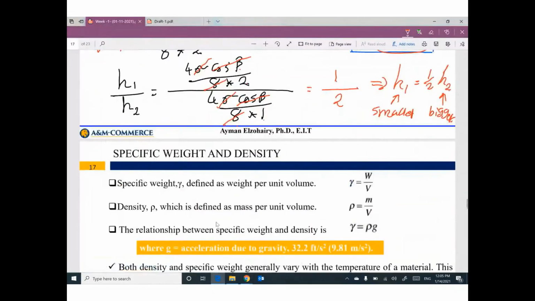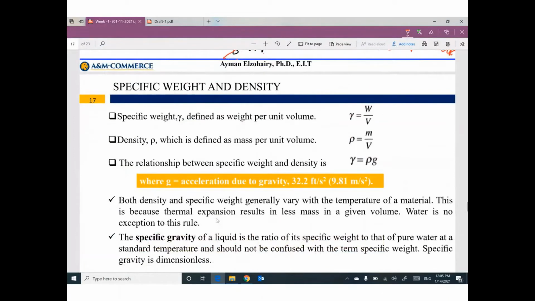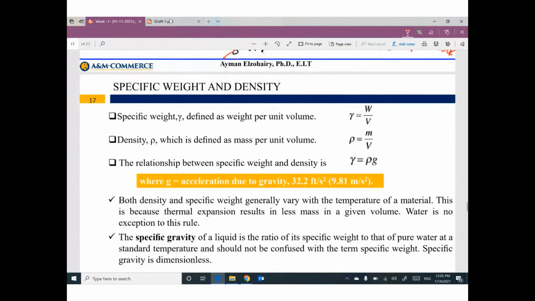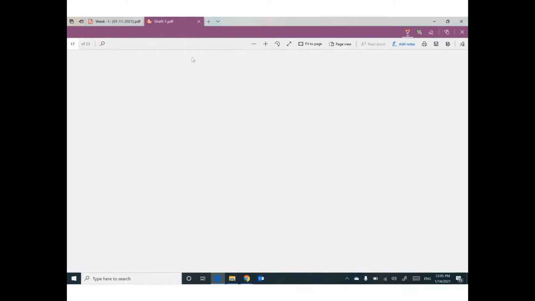What else? Yeah, this slide is very important. I need you to understand it carefully. I believe in high school you learned some of these concepts.